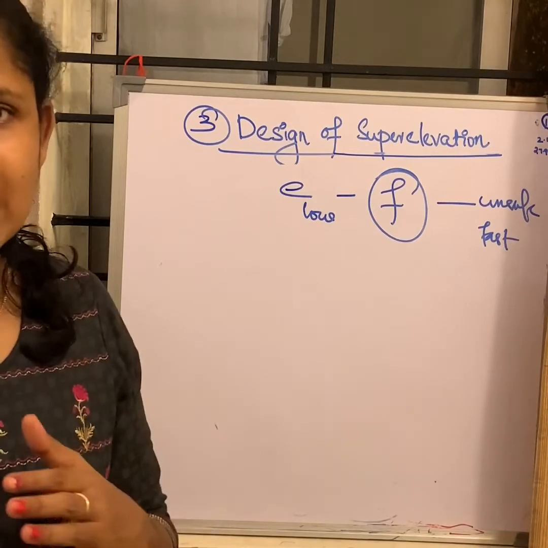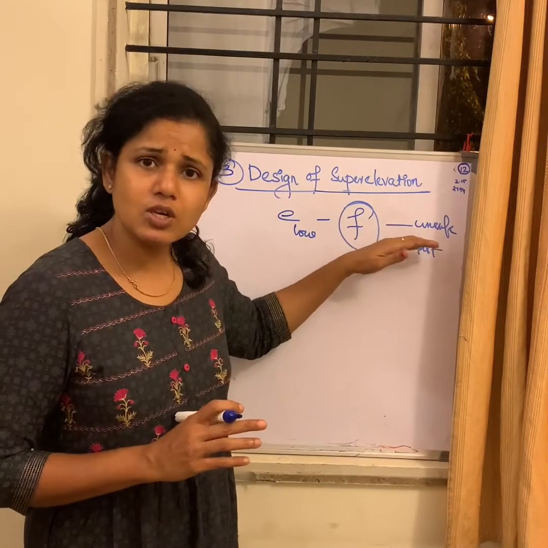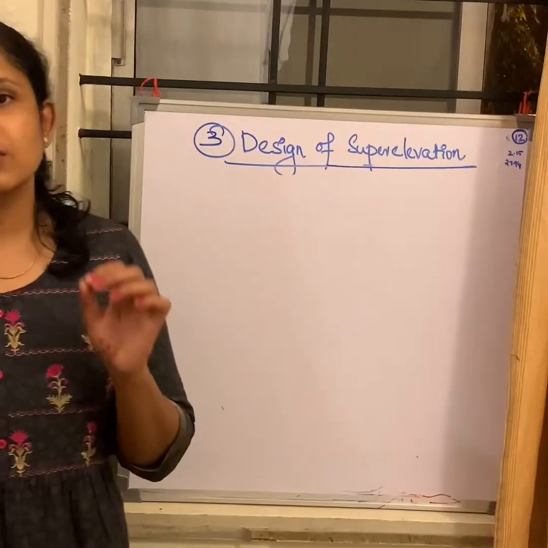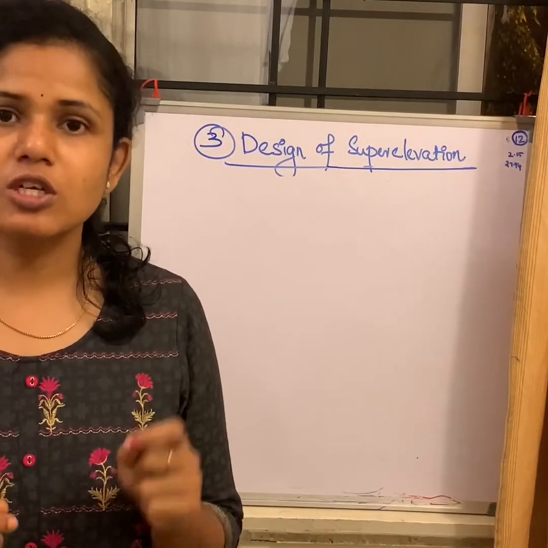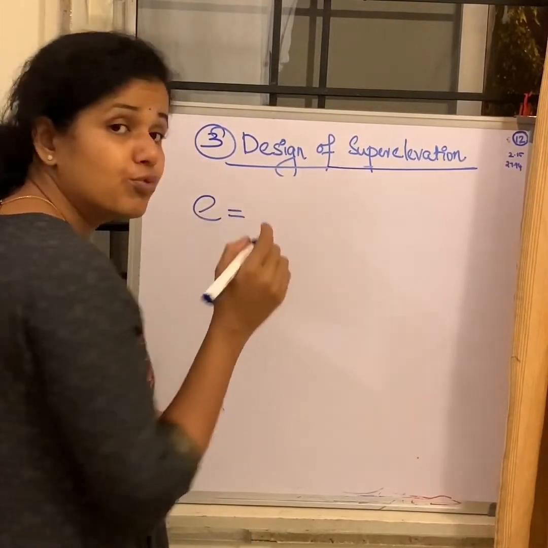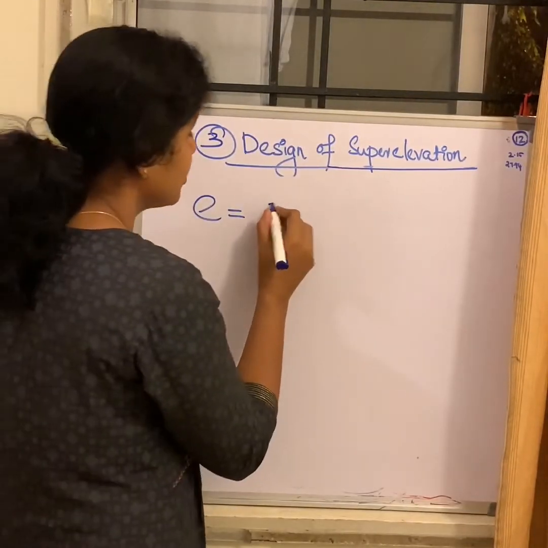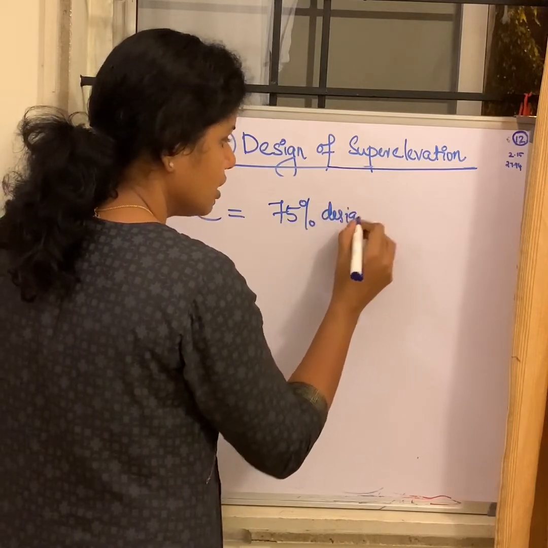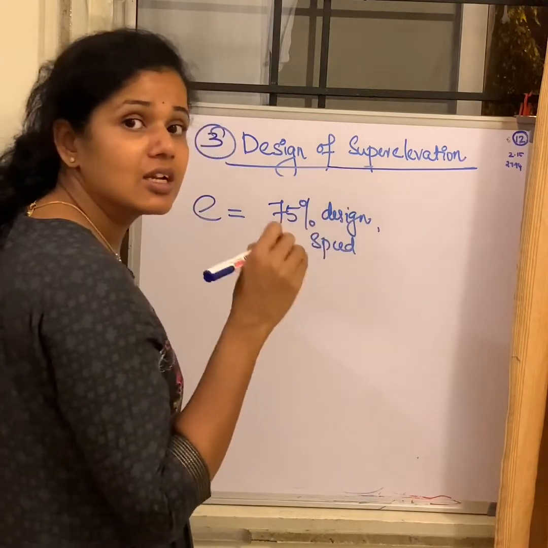So there is inconvenience if you design your super elevation considering only one particular speed of the vehicle, either the fast moving or the slow moving. As a practical compromise, it is suggested to provide a super elevation value to fully counteract the centrifugal force for 75% of the design speed, neglecting the lateral coefficient of friction.